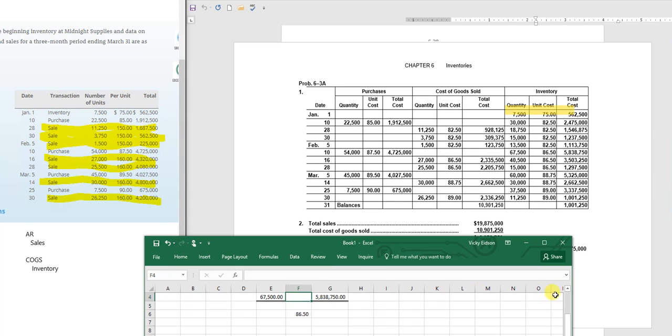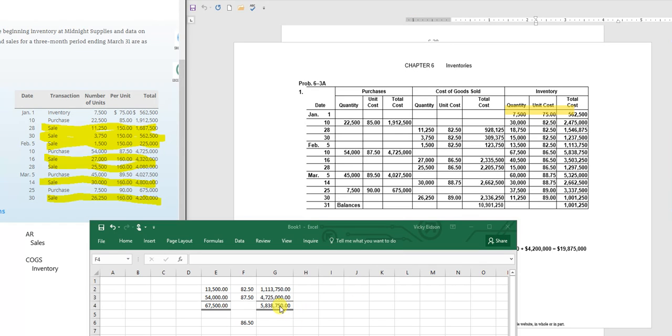5,838,750. So you can't see that. Let me pull it up just a little bit. Okay, so my total cost divided by my total units is 86.50. You cannot average those two because I have way more units at 87.50 than I do at 82.50, so it's a weighted average. 54,000 units at 87.50 is a total cost. So I need total cost divided by total units.